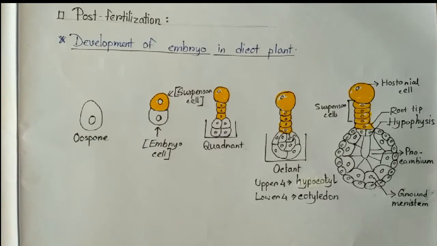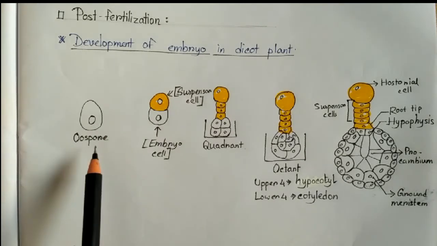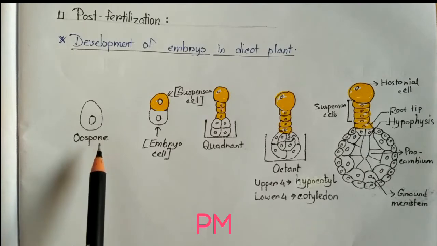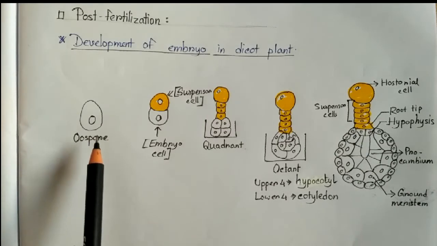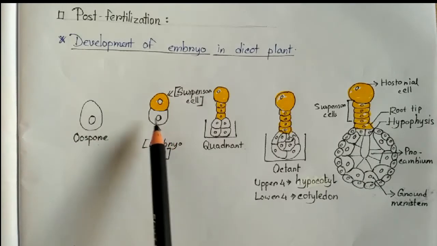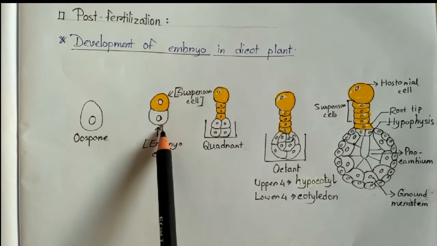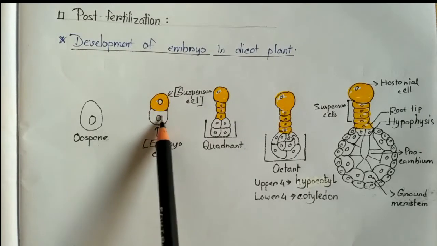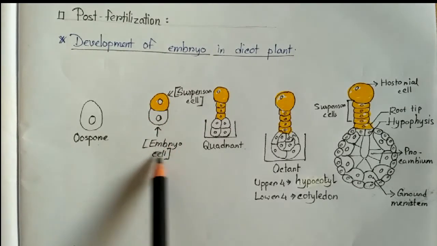So the male gamete and ovum are fertilized, thus oospore is formed. This oospore is divided horizontally. Two cells are formed. One is the suspensor cell, which I notify with yellow color, and another one is the embryo cell.